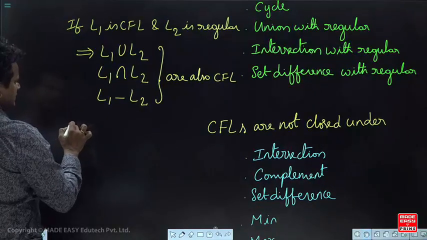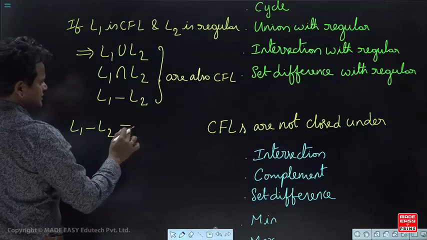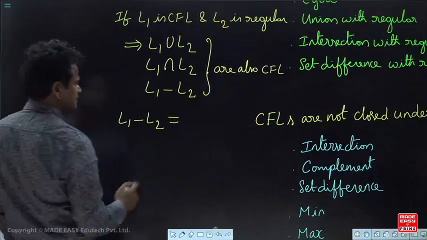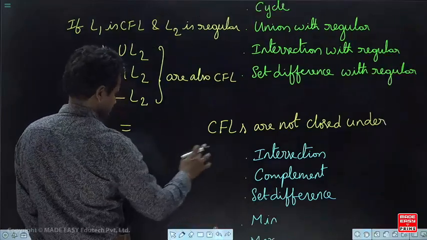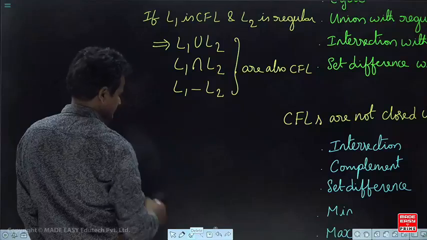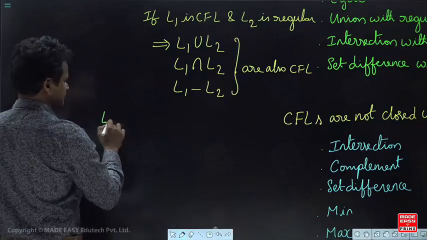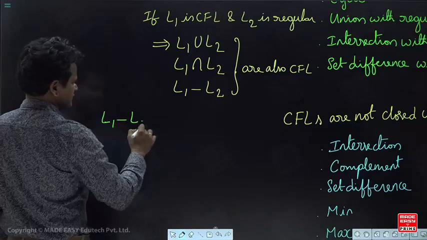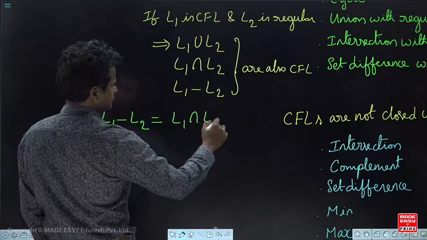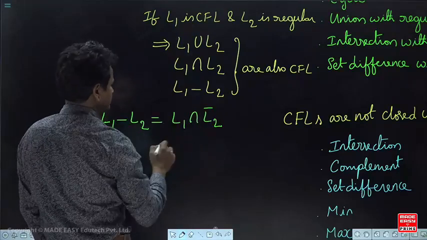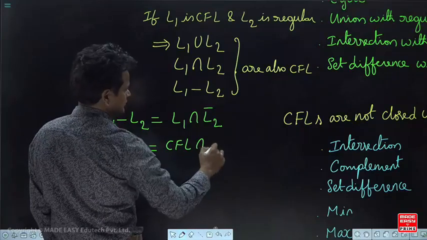What is L1 minus L2? L1 minus L2 is L1 intersection L2 bar. What is L1? CFL. Intersection, what is L2?